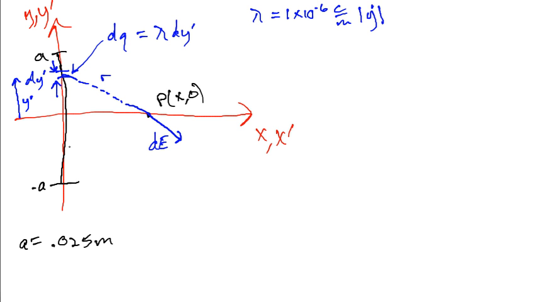There's going to be one that's y prime down, because the linear charge density just depends on how far you are away from the origin, it'll be the same exact amount of charge if it's at the same distance below the origin.